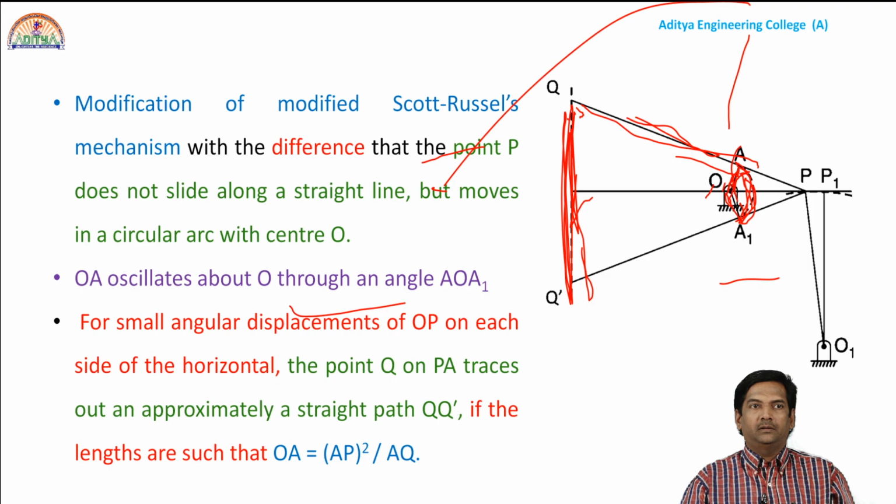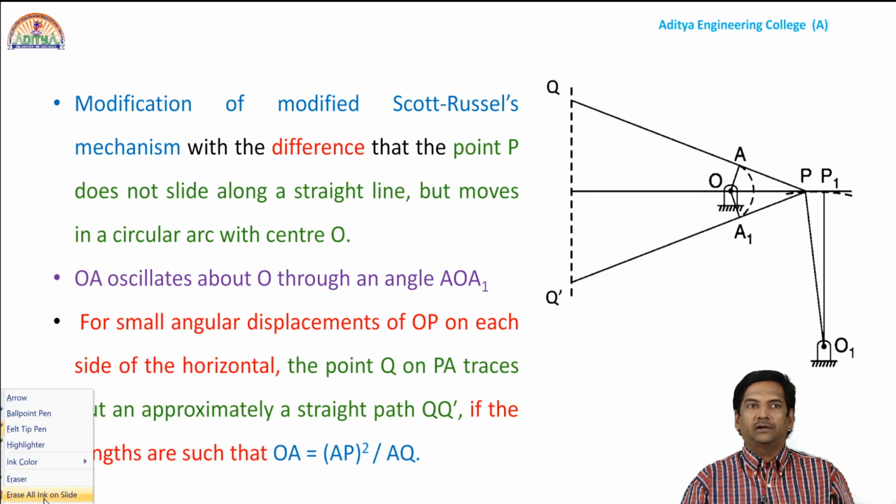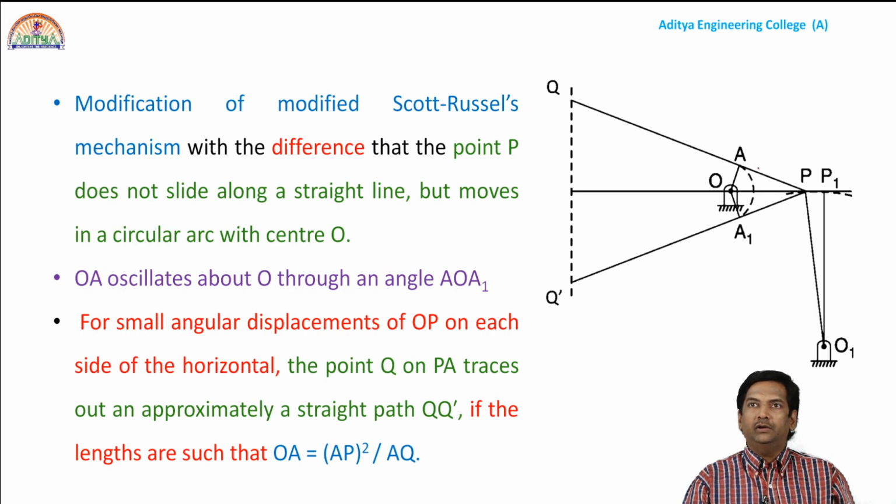Whatever we discussed earlier about AP square by AQ, the same thing will continue, but now here the P, instead of oscillating, is making a slight arc like this. But when the length O1P, this is O1, this is P, is very large, then the motion will be almost a straight line.